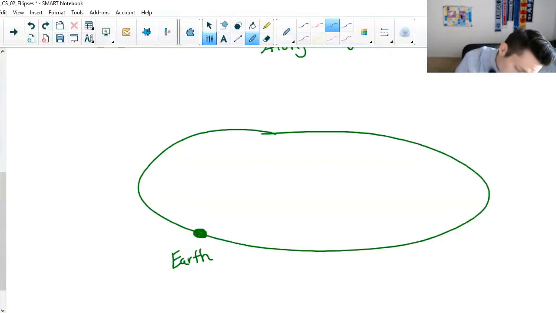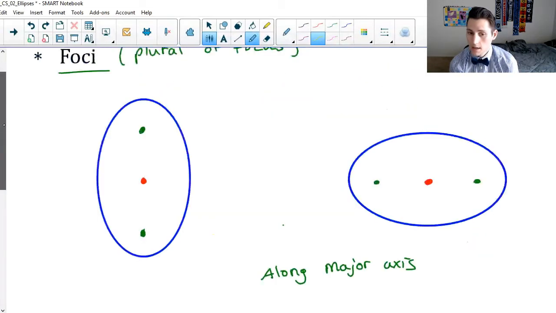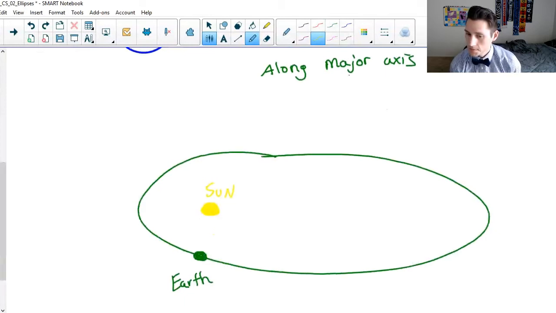It's an ellipse. And actually, in the ellipse that the Earth travels around, the sun is not in the center. The sun would not be at that red dot. The sun is actually at one of the foci of the ellipse. So pretty interesting and definitely very useful for us as we travel around that bright burning ball.